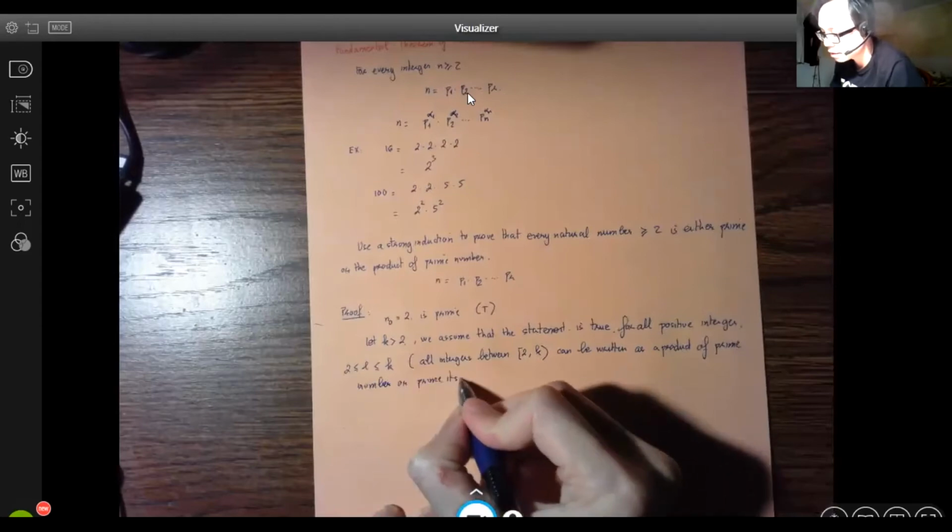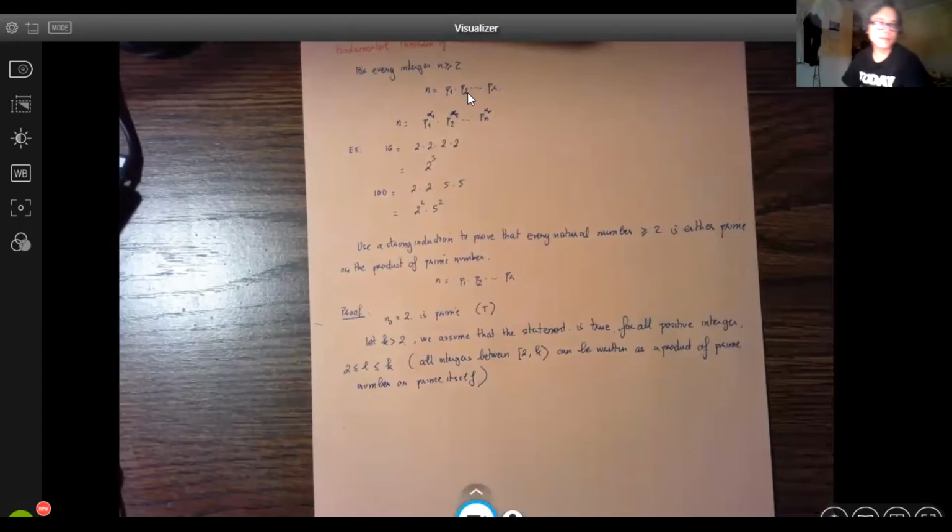That is what it means, and that is our hypothesis.